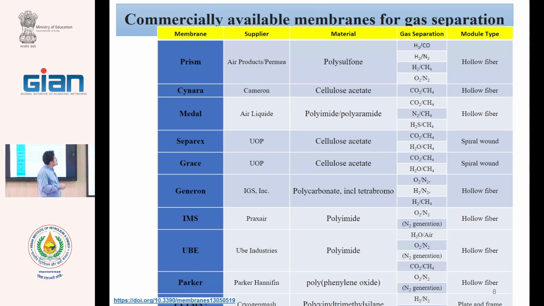And the application and the module type: hollow fiber, spiral wound, and one is plate and frame. Therefore, we can use them for separation of hydrogen from carbon monoxide, hydrogen from nitrogen, methane, oxygen from nitrogen, separation of carbon dioxide from methane, and others.